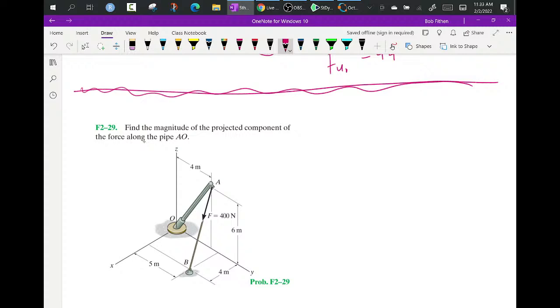So it says, find the magnitude of the projected component of the force on OA on this pipe. So the first thing you've got to do is figure out what the F vector is. Okay, so the F vector is going to be 400.